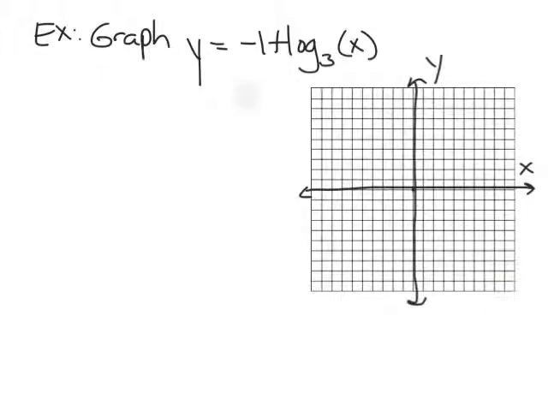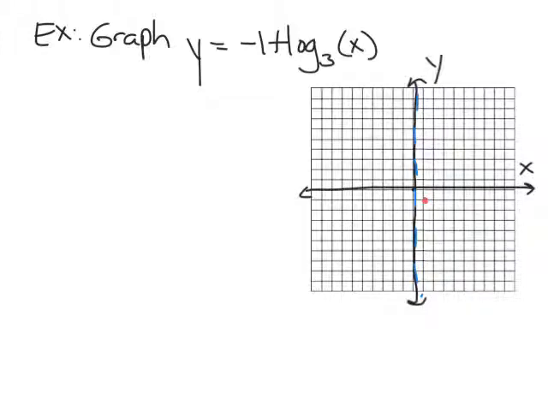So we'll do one more for your notes and then we'll practice some more in class. This one, I have a shift outside the function, so this is a vertical shift, and again we like to put it in front. That's negative 1 plus log to the base 3 of x. So a vertical shift is not going to change the vertical asymptote. So it's still there. What it will do is, instead of being at (1, 0), it's shifted down by 1, so it's at (1, -1).